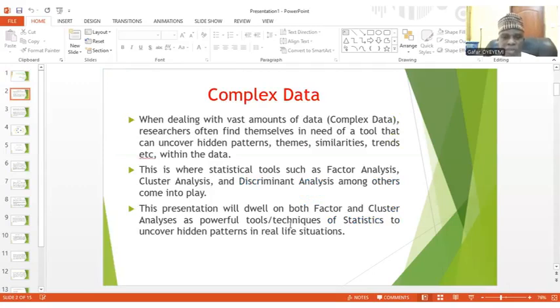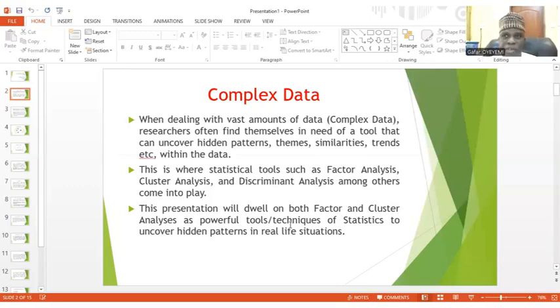When we talk of hidden patterns, definitely we need to have the mindset that we are talking about data that are so big. We may use the words complex data or big data, so that we have many variables. The variables may be in hundreds or thousands, and the number of observations is also so many.